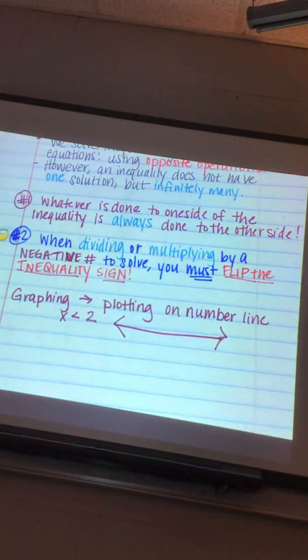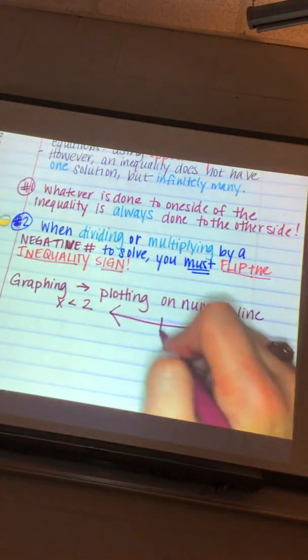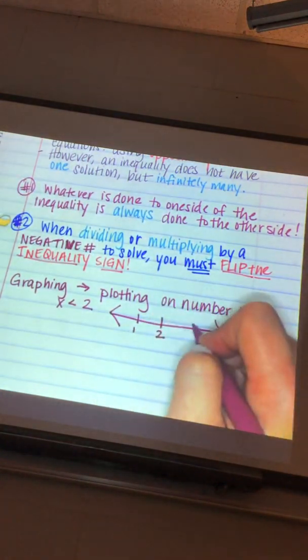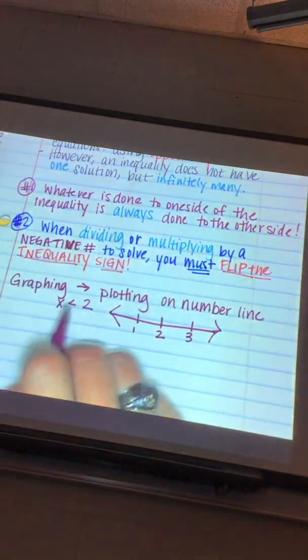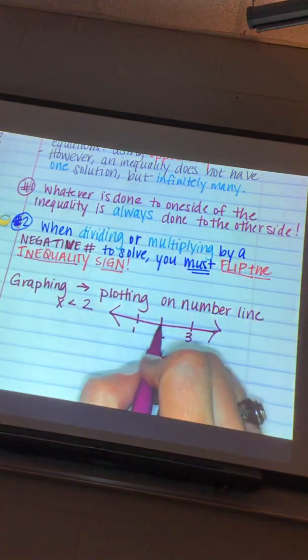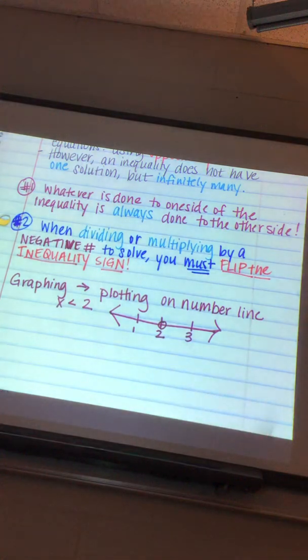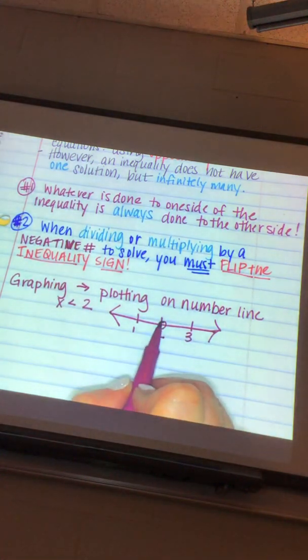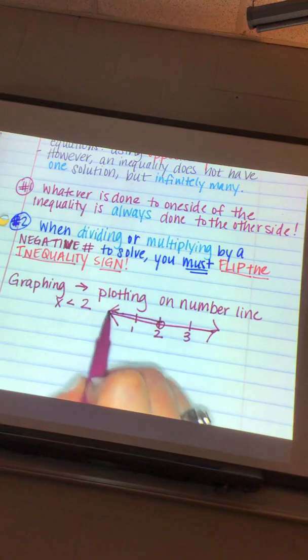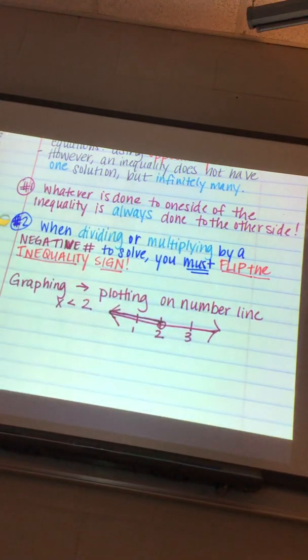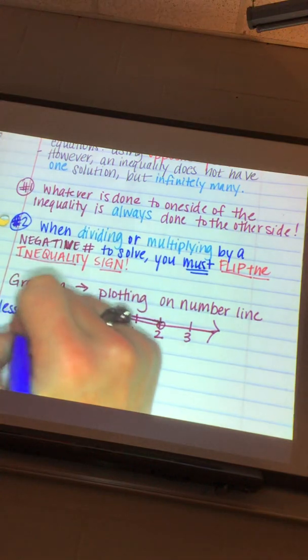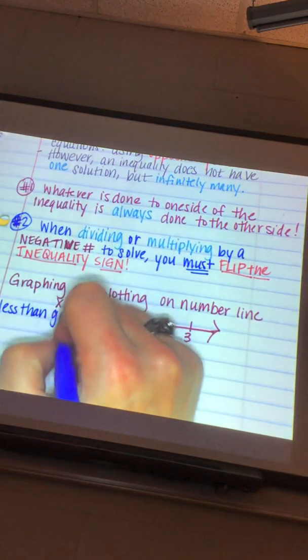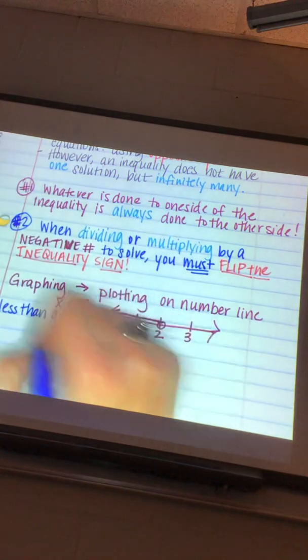And here's 2, and here's 1, and here's 3. If x is less than 2, we are going to draw a circle at 2, and then show the arrow going in the less than direction. Every number that is less than 2, it's going to cover that, okay? So less than goes to the left. Remember, less than, left.